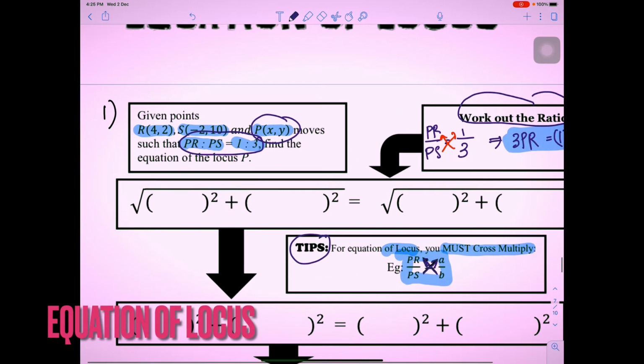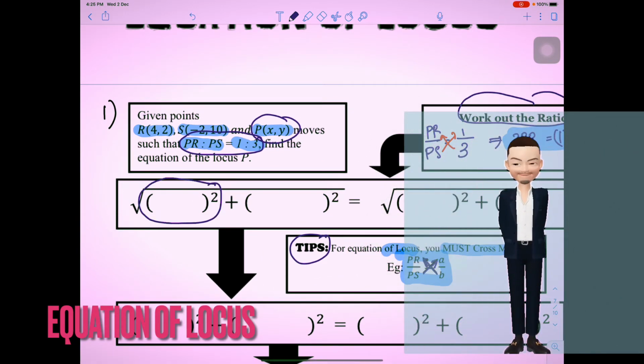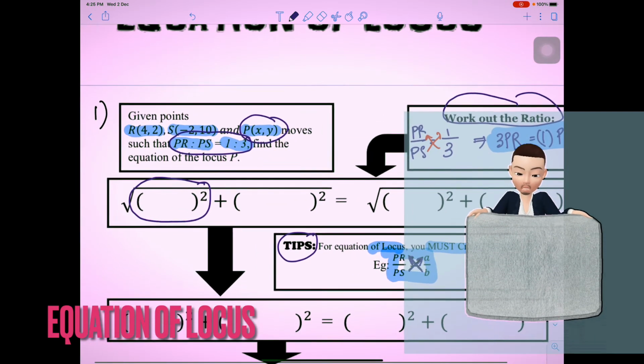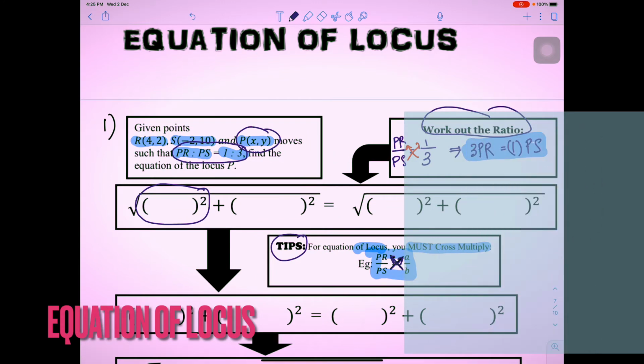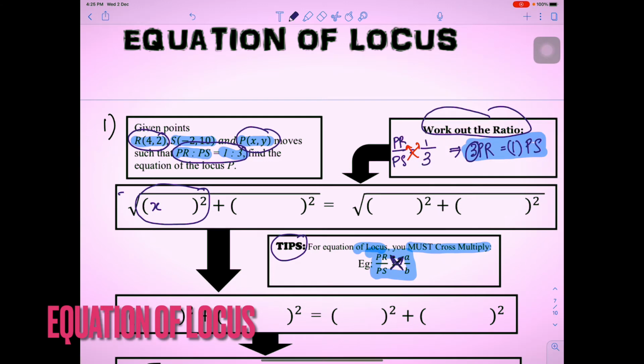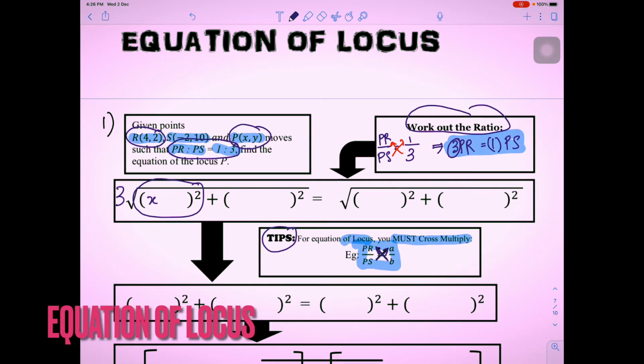So P is (x, y). For the first bracket, P is (x, y) and R is (4, 2). Before that, write down 3 in front of the equation, with a square root. We use the distance formula to find the distance from P: square root of (x minus 4) squared plus (y minus 2) squared.